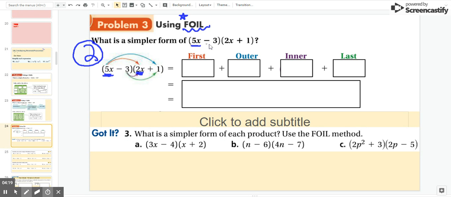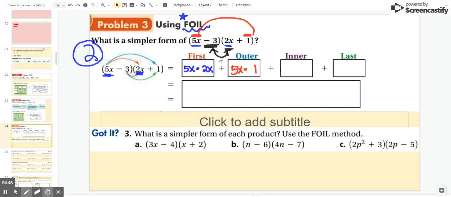I'm going to multiply the first terms together, which is 5x and 2x. And what are the terms outside? We have 5x and 1. They are outside, so I'm going to multiply 5x and 1. What about the inside? Inside we have negative 3 and 2x.